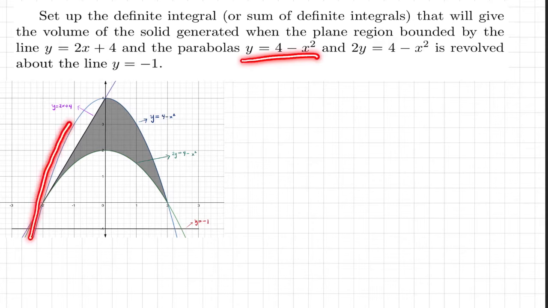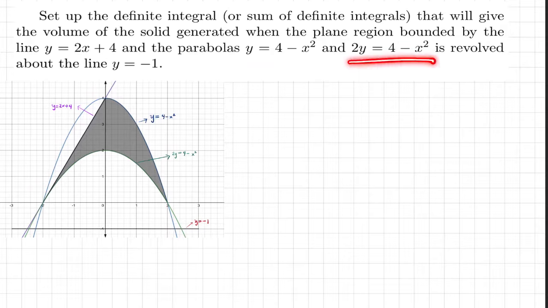So this is y equal to 4 minus x squared. And 2y equal to 4 minus x squared. So this is the parabola 2y equal to 4 minus x squared is revolved about the line y equal to negative 1. Okay.